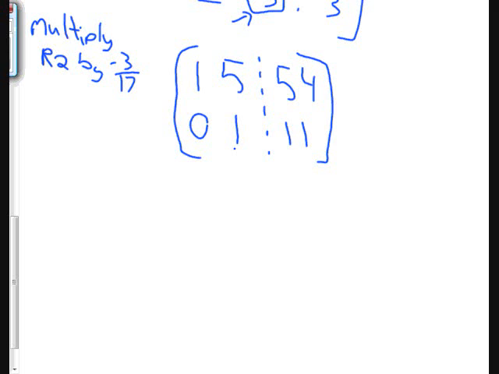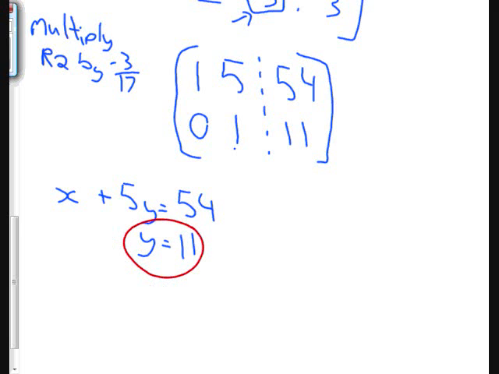So we have here 1x plus 5y equals 54. Second row, we just have y equals 11. Here we have the answer for y. We already know what y is. How do we find what x is? We put it into this equation.